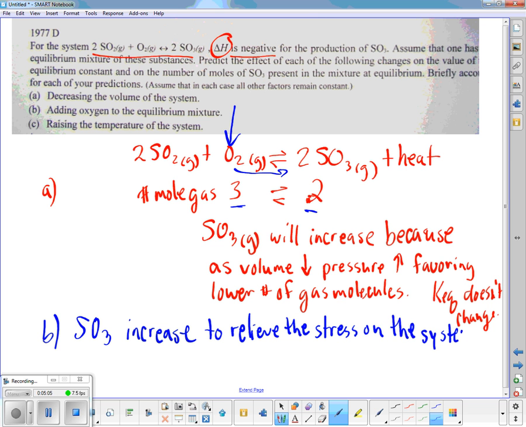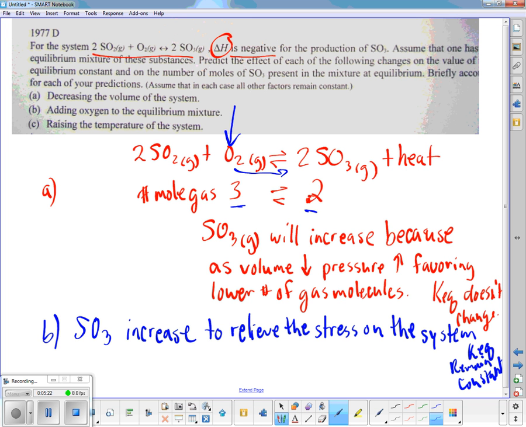So it's going to relieve the stress on the system, and Keq again remains constant or stays the same. The only thing that will change Keq is temperature. So that sort of leads into the next one.